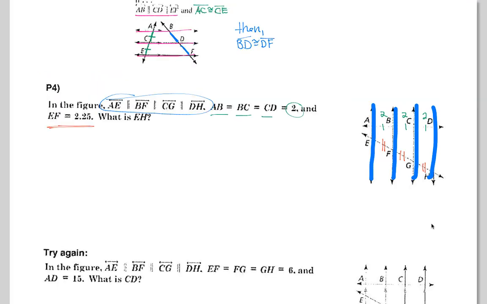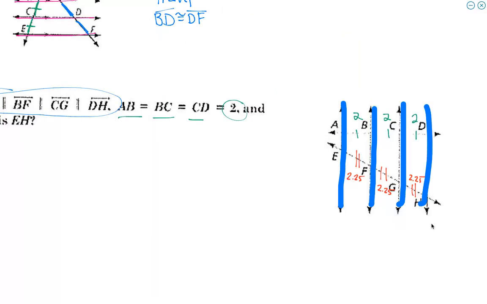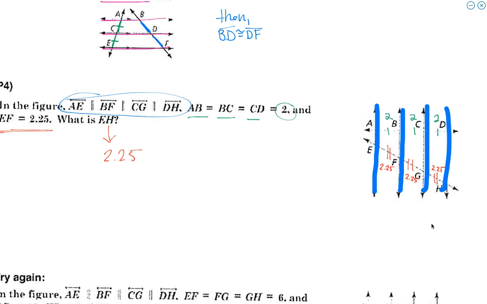So if EF is 2.25, that means they are all 2.25. I'm sorry, this is EH. So EH is the entire thing. So 6.75.